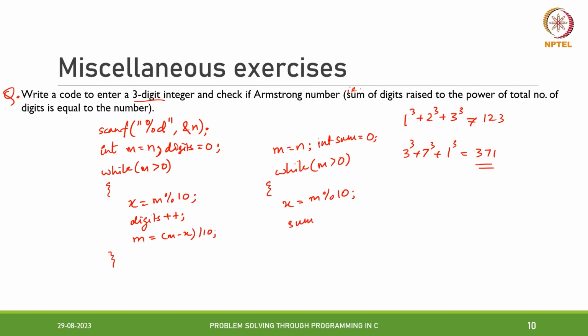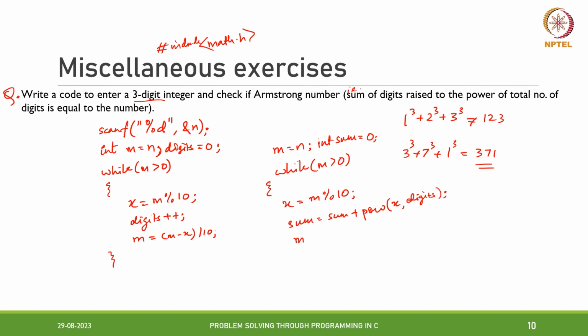I write sum equals sum plus pow, I'm using this function from math.h, so you need to include the header file math.h. This pow function is power, so x raised to the power of digits. Basically x raised to the power of digits is what I am adding to this sum.